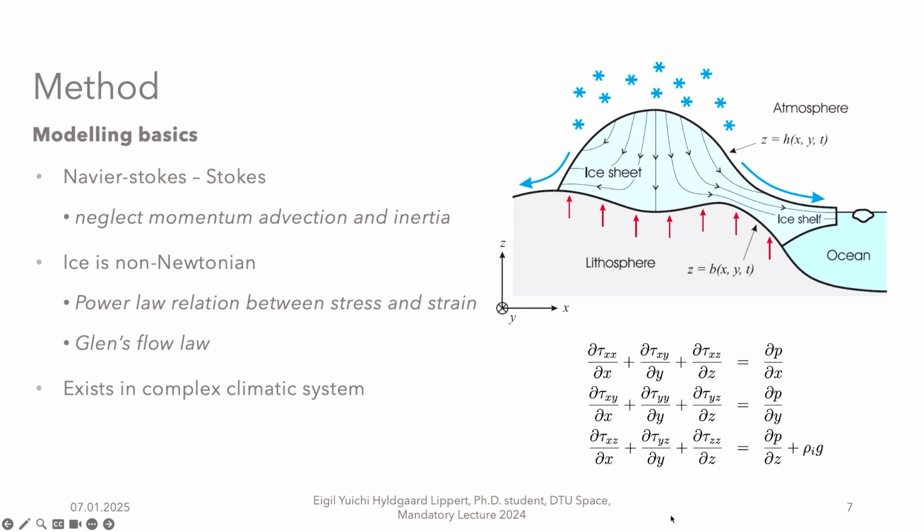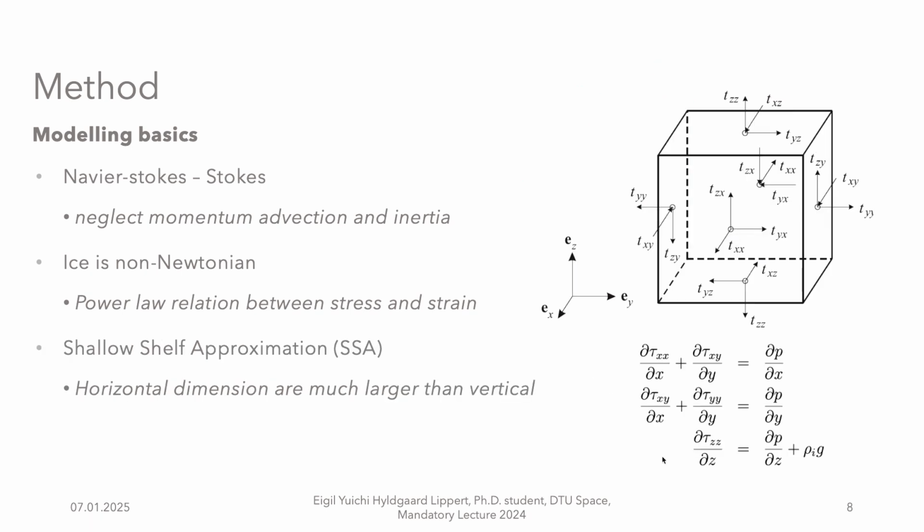And here are the stress balance equations for the ice in their full form. In order to model, we would like to reduce them a little bit to make it easier. And we do so by this so-called shallow shelf approximation, which is where you only consider the horizontal stresses.